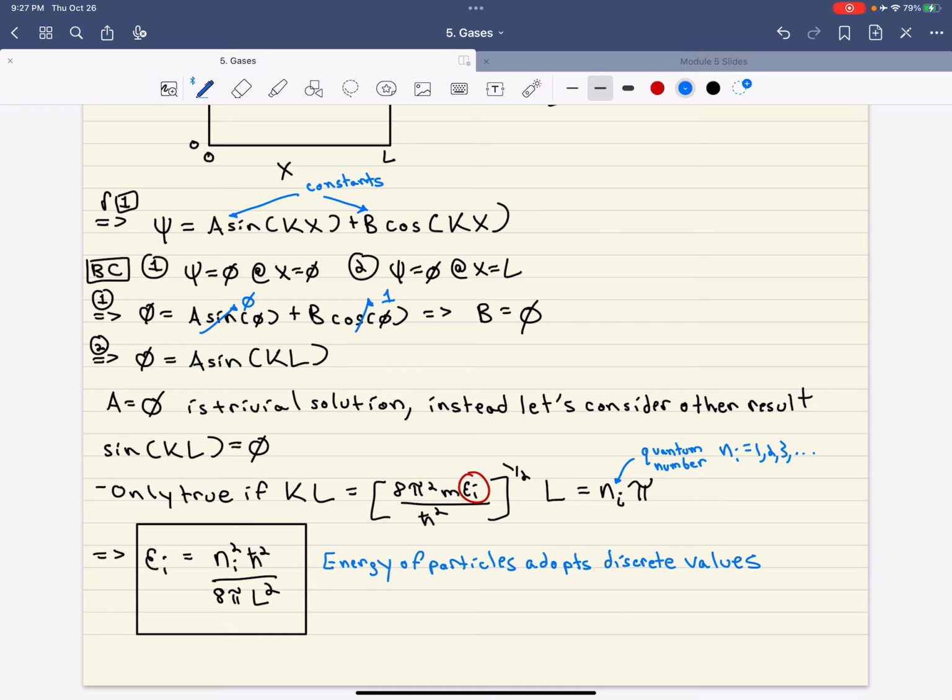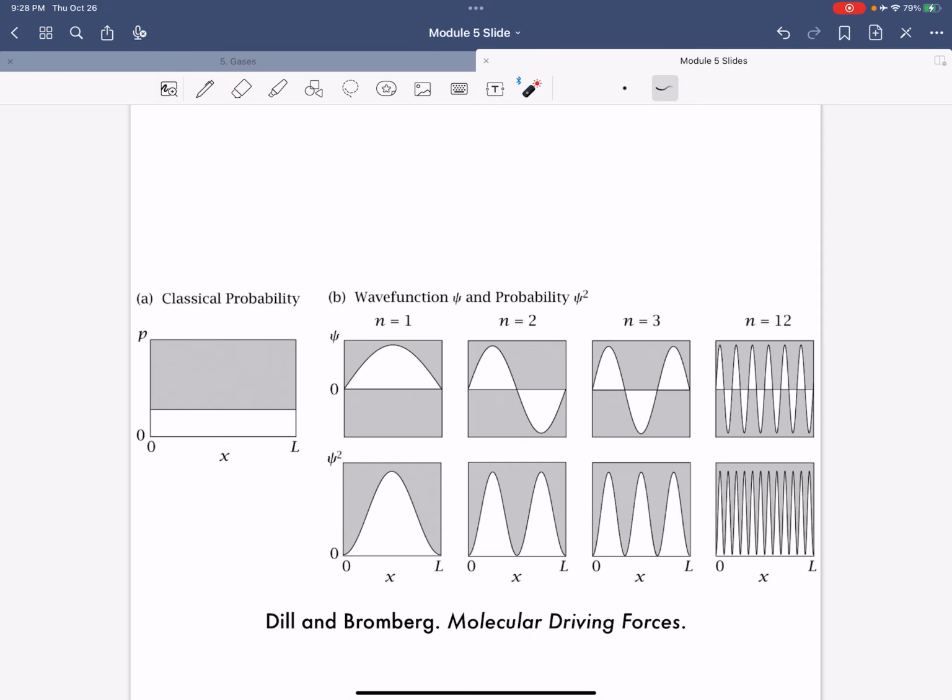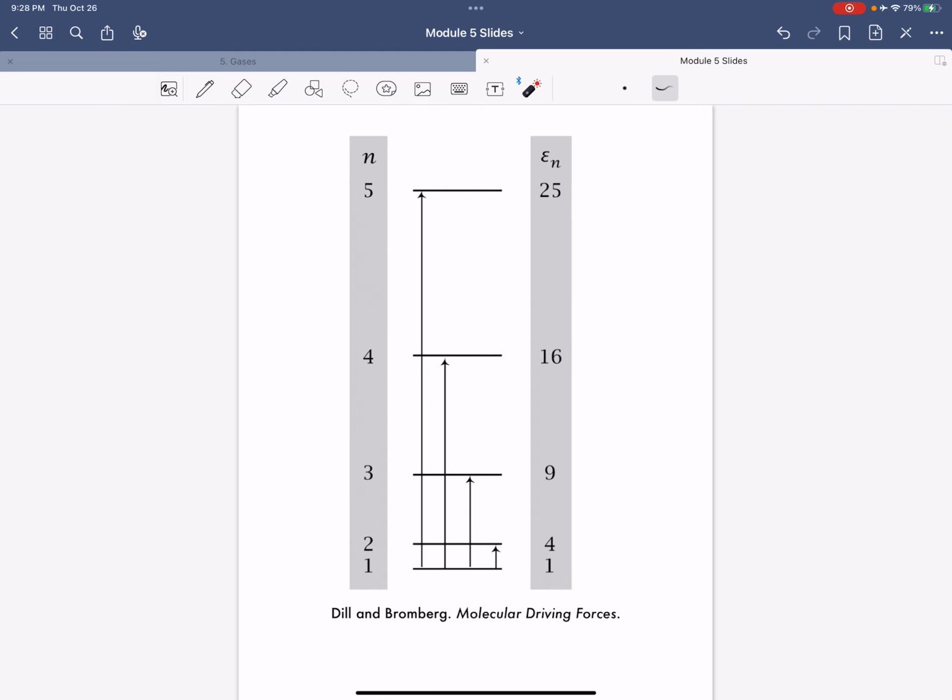Okay? And so, not only does it adopt discrete values, but it is proportional to the quantum number squared. And so that tells us as the quantum number goes up, the energy level is not going to go up linearly, but in a quadratic way. And so we can see this relationship on this figure here, where what is being illustrated is the quantum number on the left-hand side, and then the corresponding energy level.